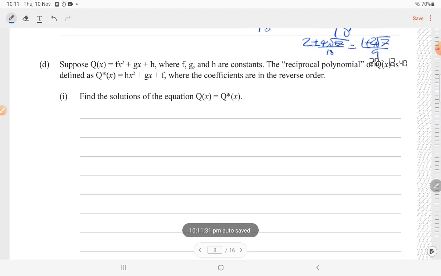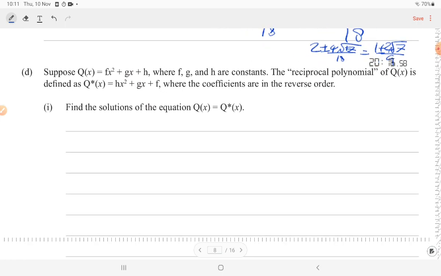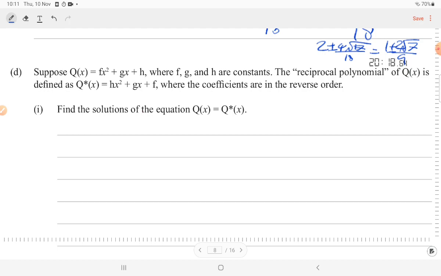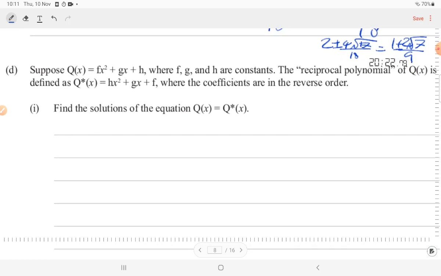Suppose q(x) is x squared. Yeah, if g and h are the reciprocal of q(x). Oh, this is weird.